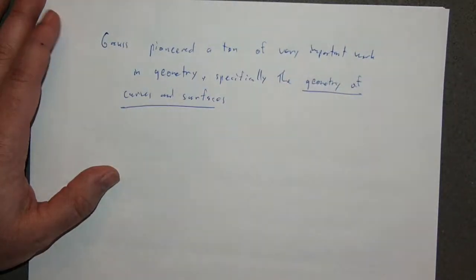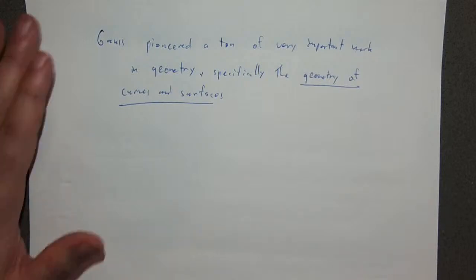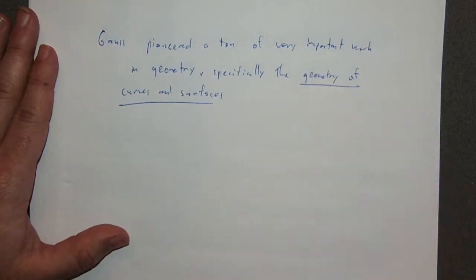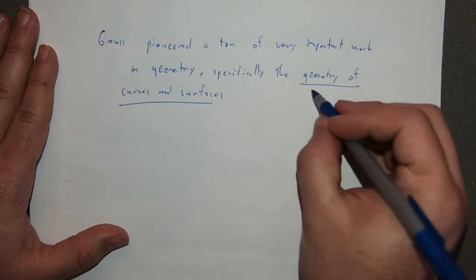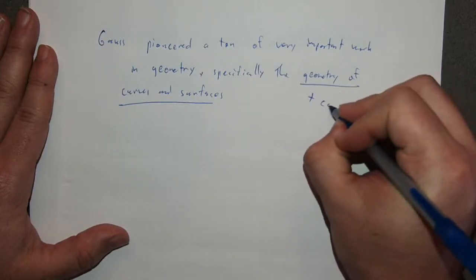But to do geometry of curves and surfaces in the way that Gauss was doing it was not the Greek way. The Greeks had no notion of a derivative, no idea what an integral was, none of these quantities. So you had geometry in the way of the Greeks, but you're adding in calculus.